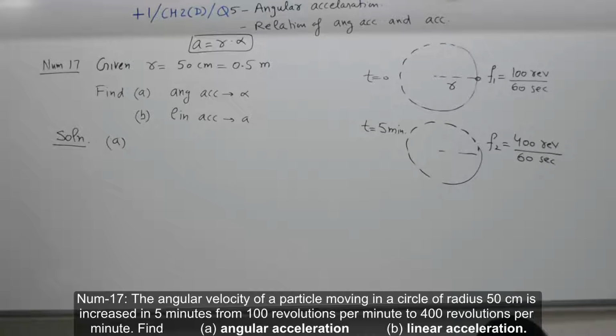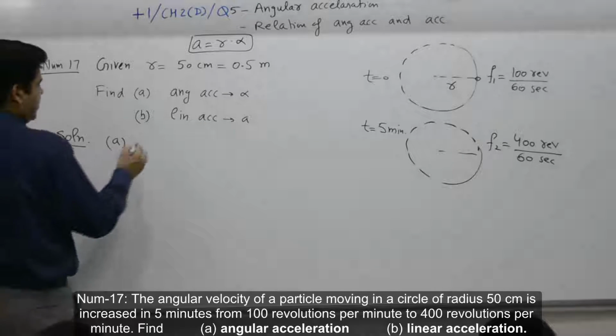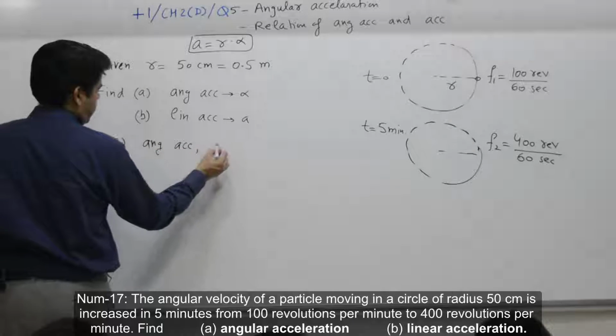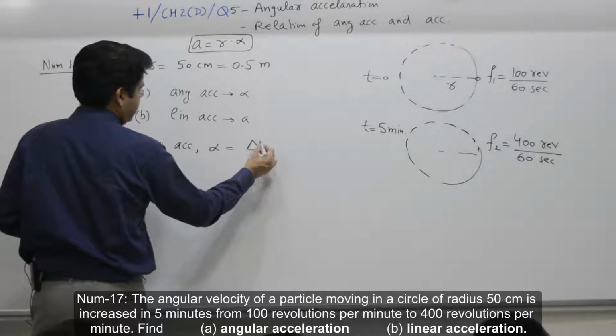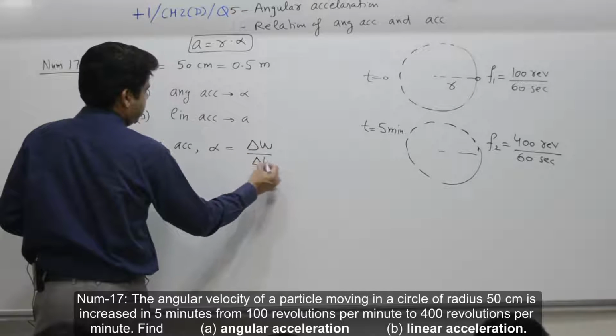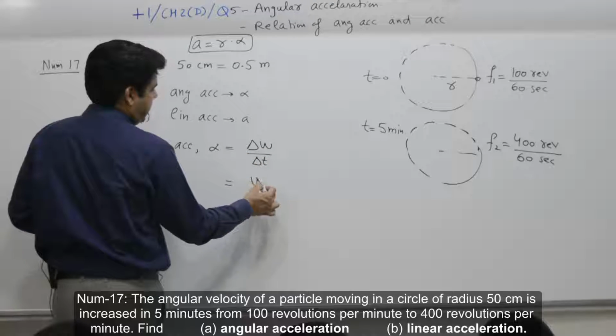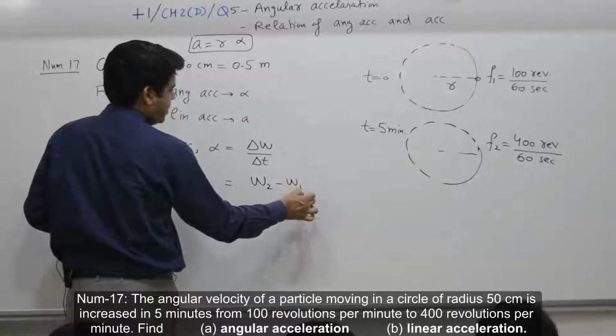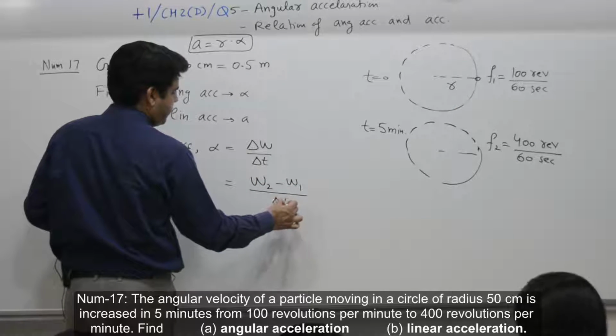As per the definition, angular acceleration alpha is equal to change in angular velocity over change in time: final angular velocity omega 2 minus omega 1, over time.